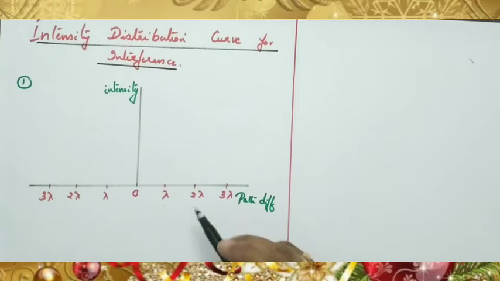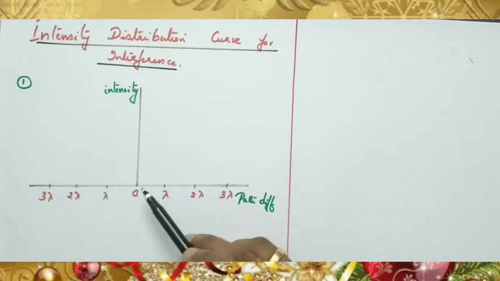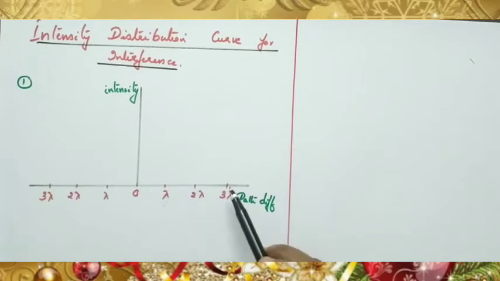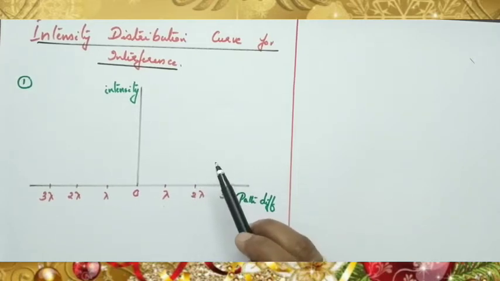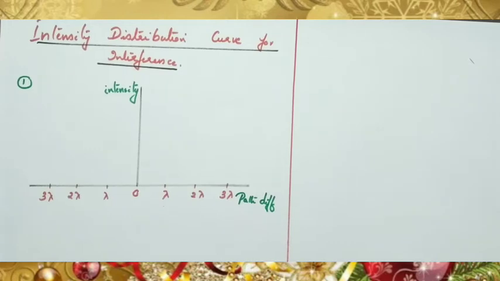Here the graph is plotted with path difference along the x-axis: 0, 1λ, 2λ, 3λ, etc. At the values 0, 1λ, 2λ, 3λ, etc., we know that bright bands are formed, having intensity 4I0. So we can draw the graph like this.